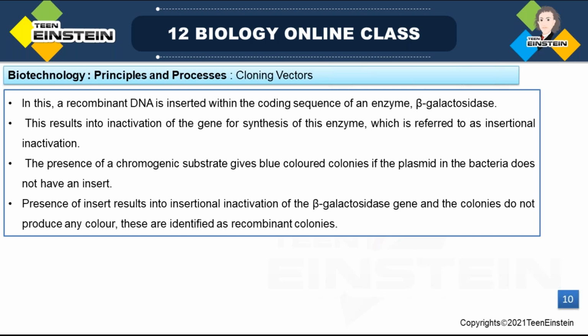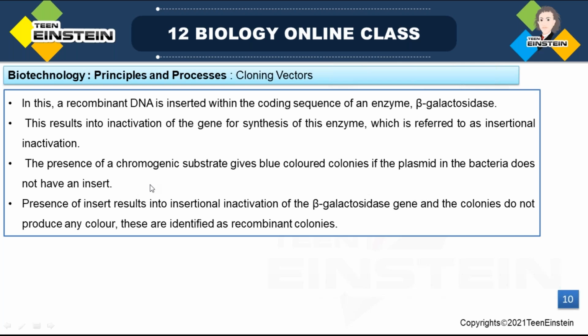Then, the presence of a chromogenic substrate gives blue colored colonies if the plasmid in the bacteria does not have an insert. Got it?